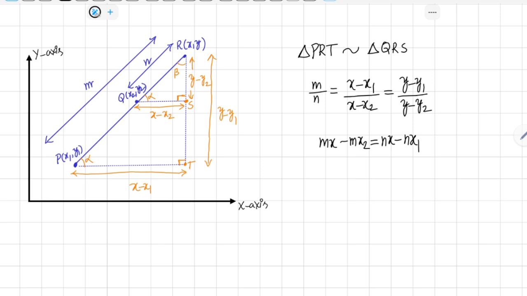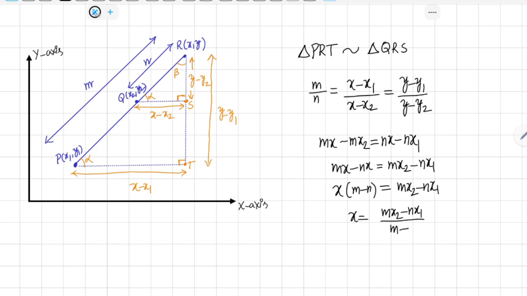So what you will have is mx minus nx is equal to mx2 minus nx1. If you take x common in the LHS, you will have x into (m minus n) is equal to mx2 minus nx1. Therefore x is equal to (mx2 minus nx1) by (m minus n).